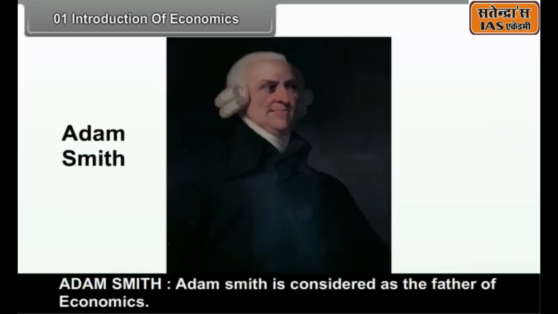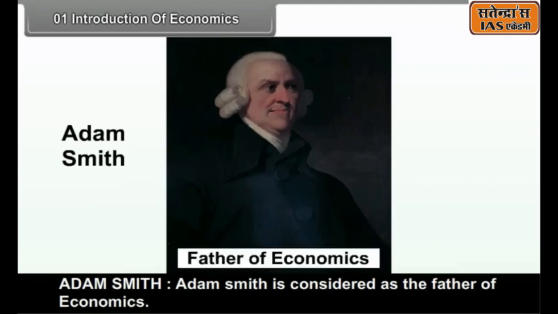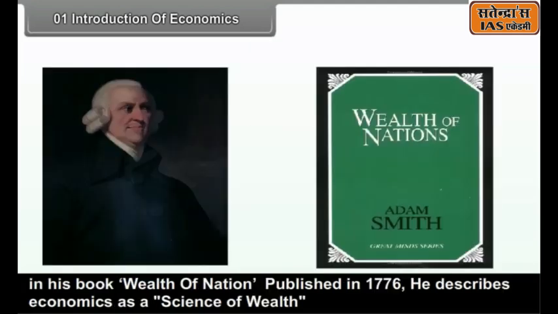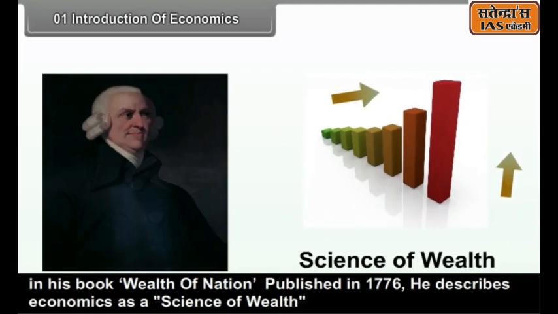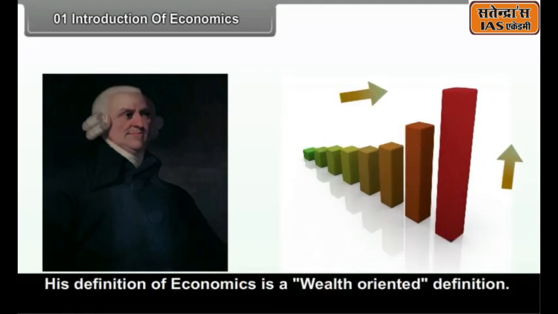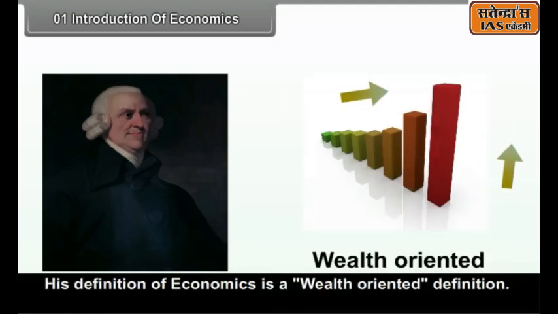Adam Smith. Adam Smith is considered the father of economics. In his book Wealth of Nations, published in 1776, he describes economics as a science of wealth. His definition of economics is a wealth-oriented definition.